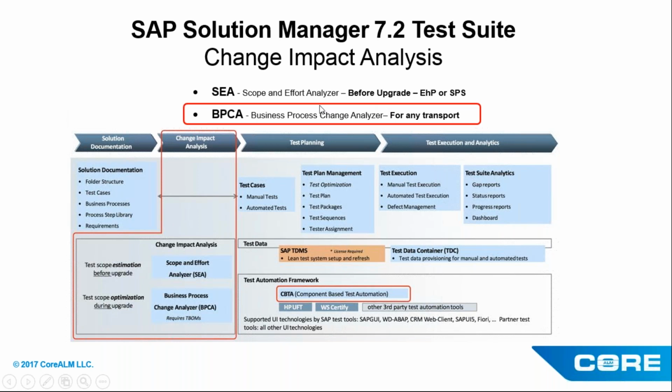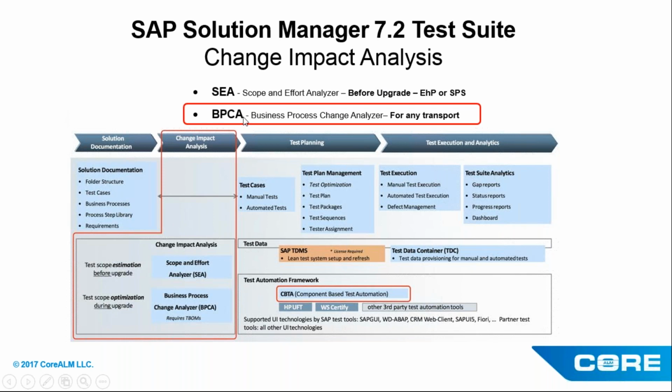It's very similar, but what happens is BPCA runs against transports or against existing systems. So for example, you might have Scope and Effort Analyzer that you could do an enhancement pack on. The enhancement pack, you then install it.